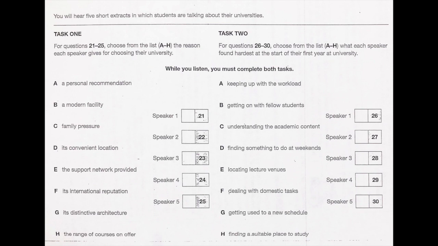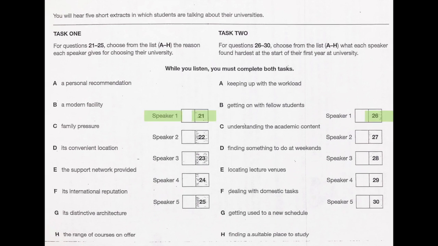So when you do this task, you'll hear speaker 1. But you have to answer questions 21 and 26. Both of these questions refer to speaker 1. Why did he or she choose their university? Question 21. But at the same time, what was the hardest thing about their first year?